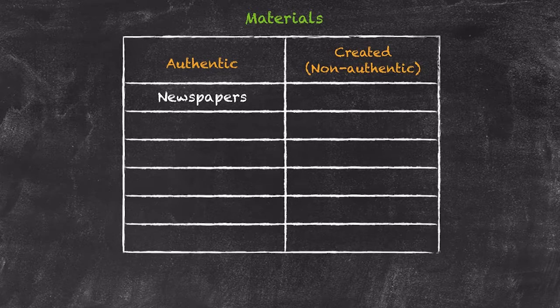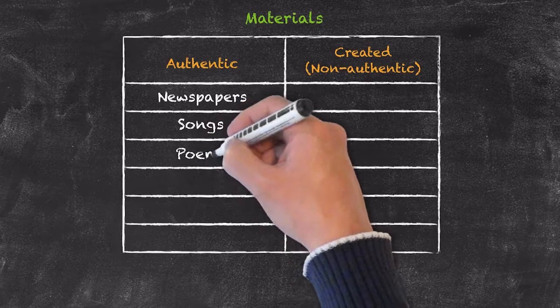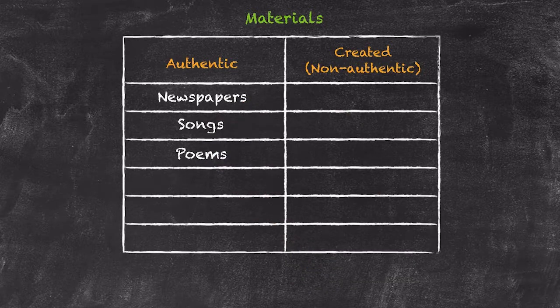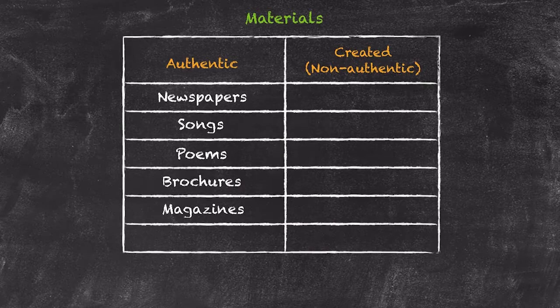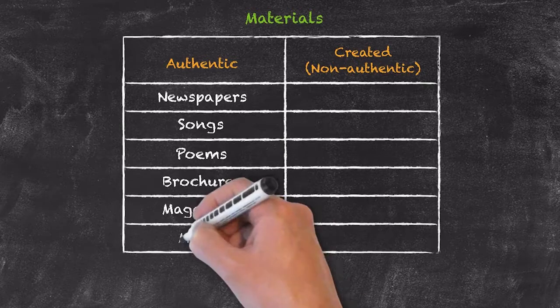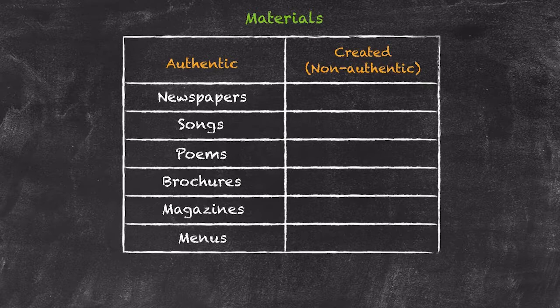Other ideas would be things like songs and poems, and even things such as brochures and magazines, and indeed menus from restaurants. So these are materials that can all be used within the classroom, but they have not been created for that purpose.